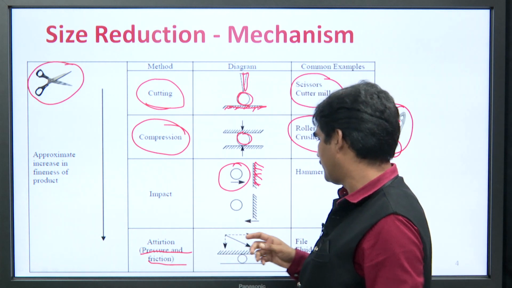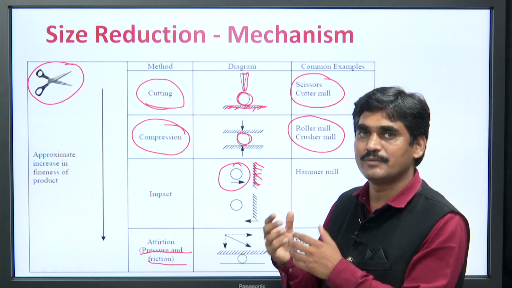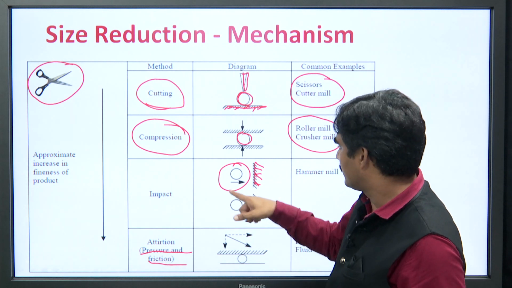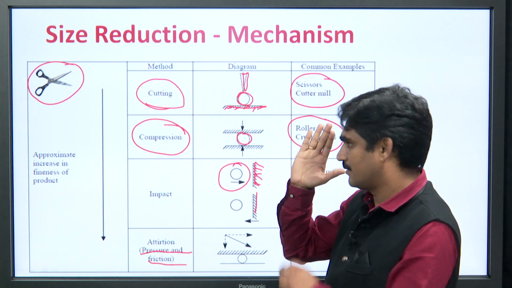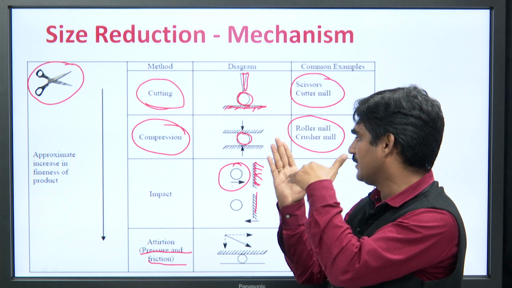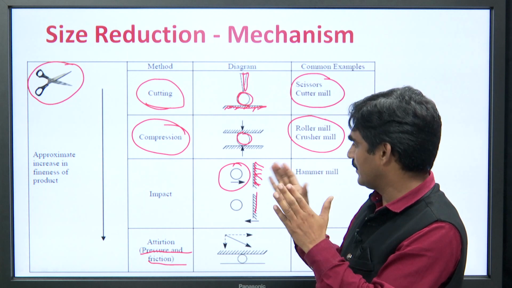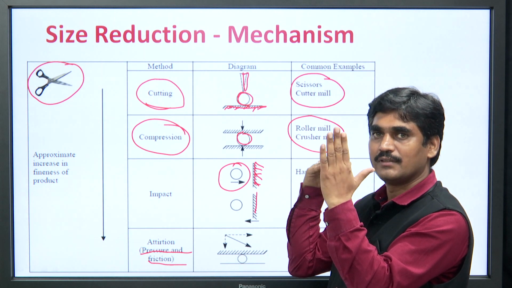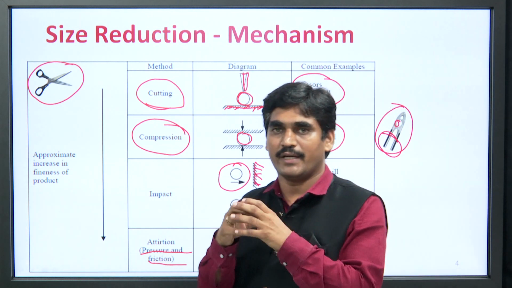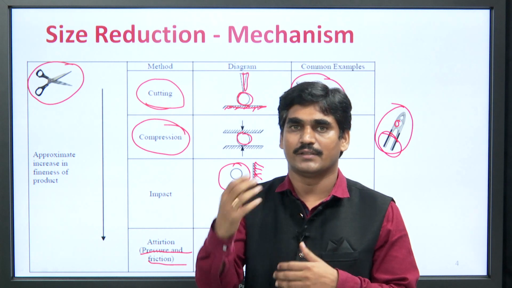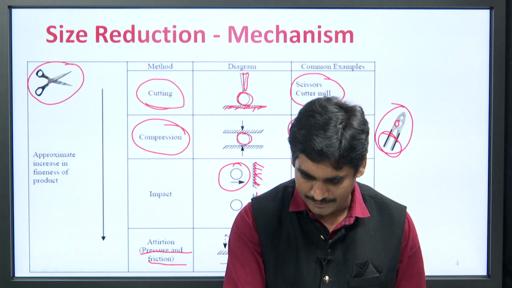So, that type of mechanism is called impact. Two types of steps follow. One, surface is fixed, object is hitting the body. Second, object is fixed, surface is moving and hitting the body. In this way impact can be applied on the surface, so that size reduction takes place.